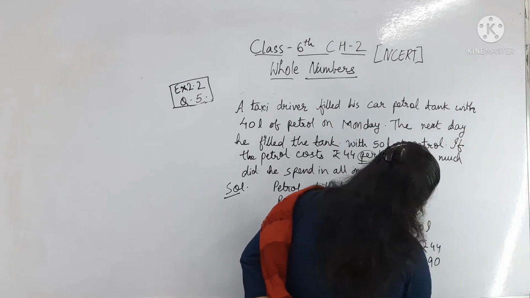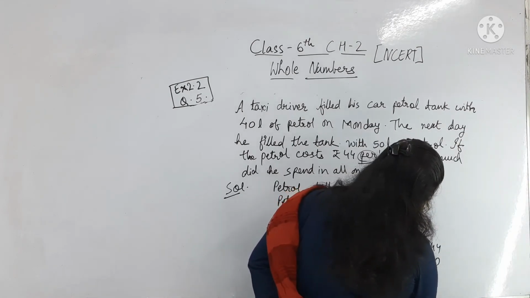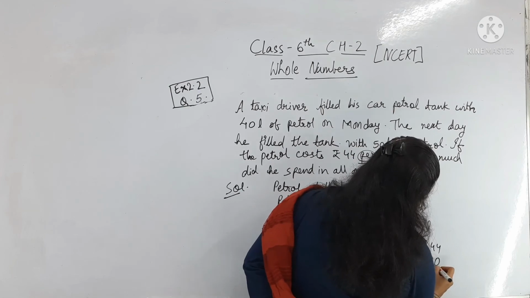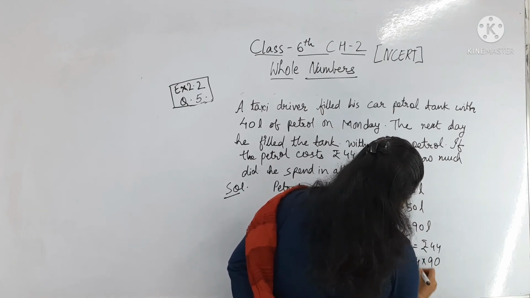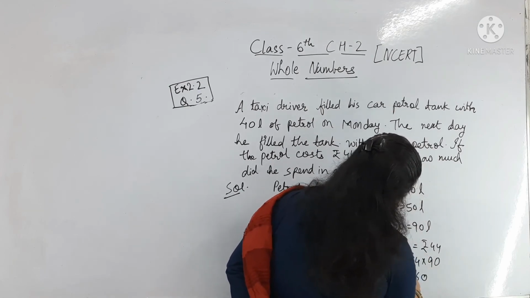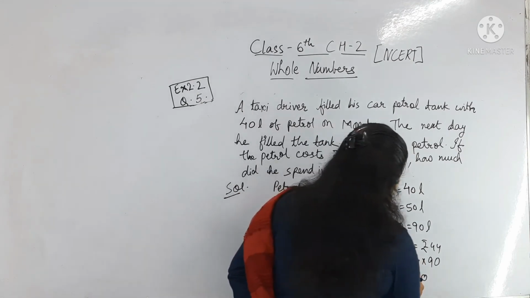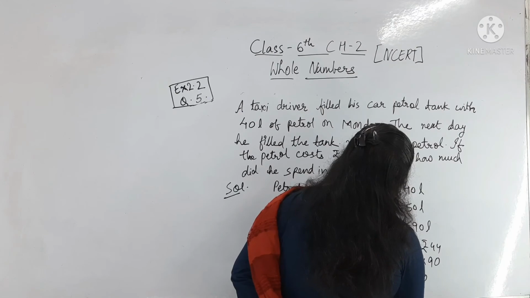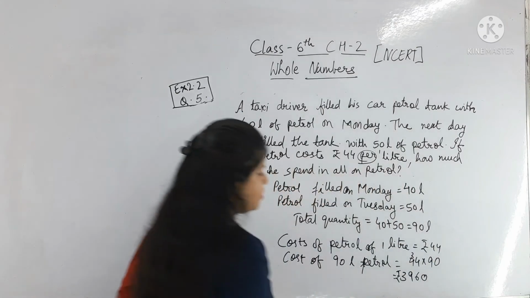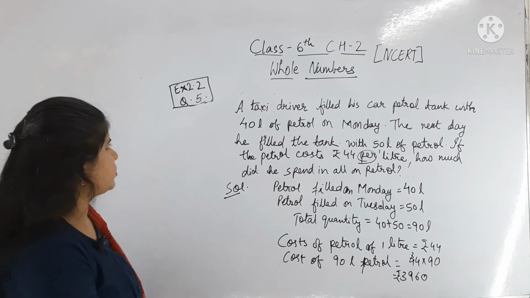So 0, 9 4s are 36, 9 4s are 36 plus 3, 39, rupees 3960. Okay, so this is the question number 5.